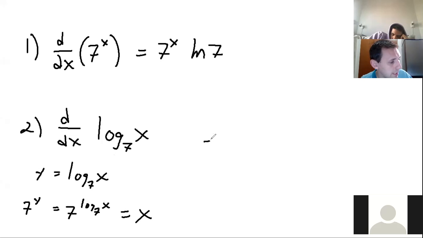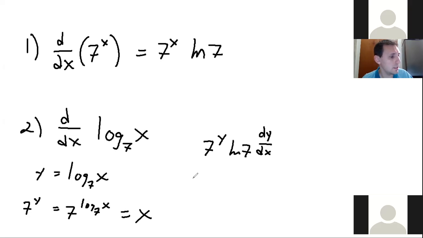So I will have 7 to the y ln 7, that's the derivative of 7 to some power, right? Times the derivative of y by implicit differentiation, which is dy/dx. And that would be equal to the derivative of x, which is 1.